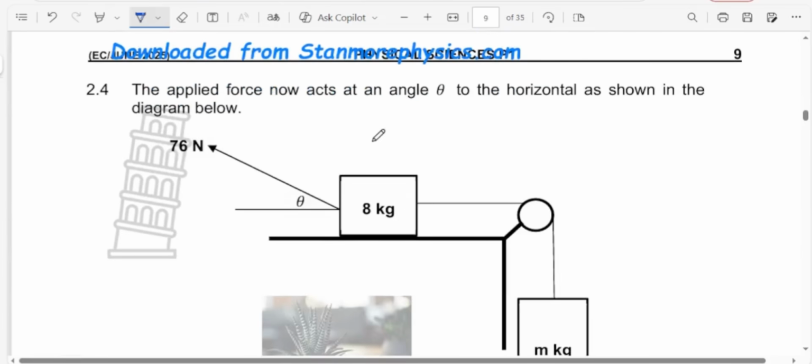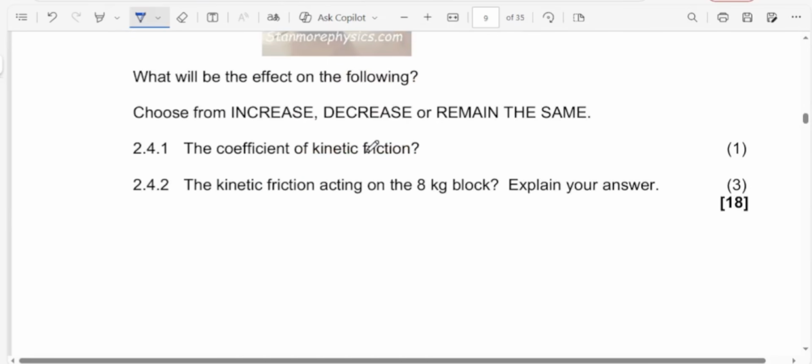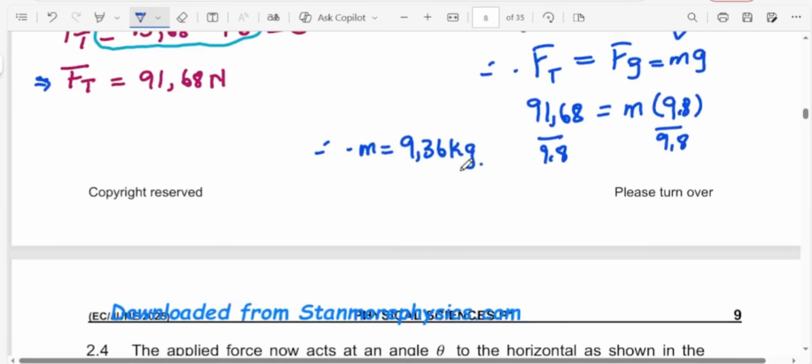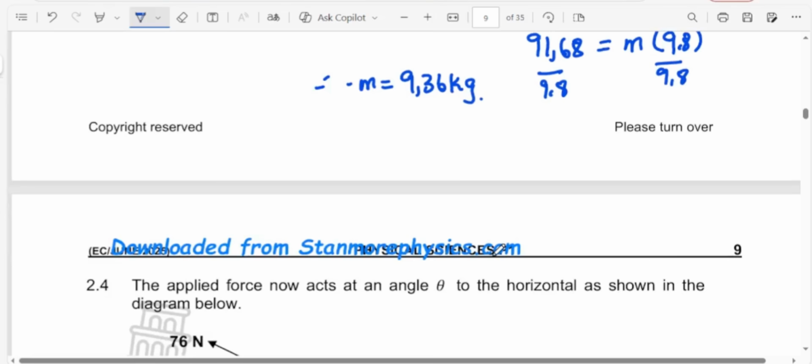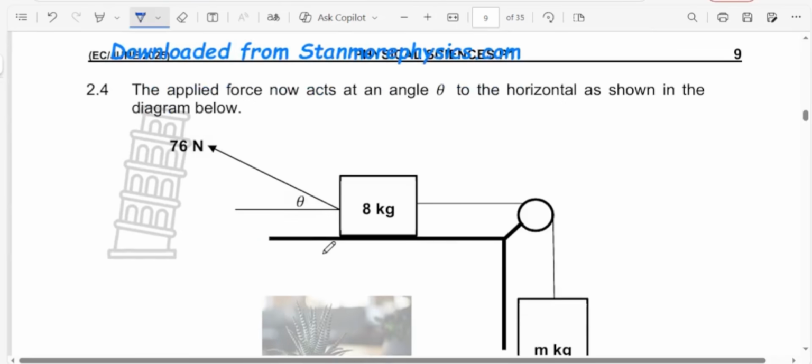Let's see what we have on the next one. We still have 4 marks that we need to collect. So now they say that the applied force now acts down at an angle to the horizontal as shown in the diagram below. Okay, so instead of the applied force being horizontal, it is now applied at an angle.